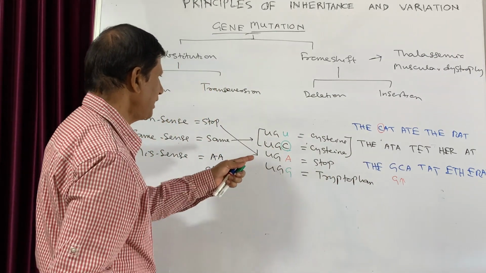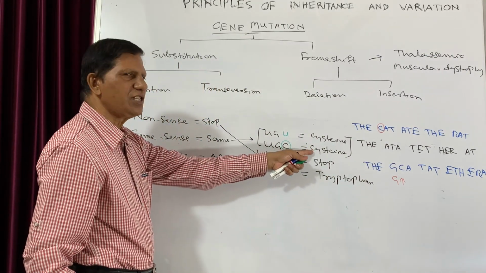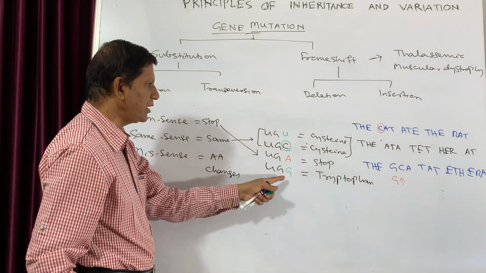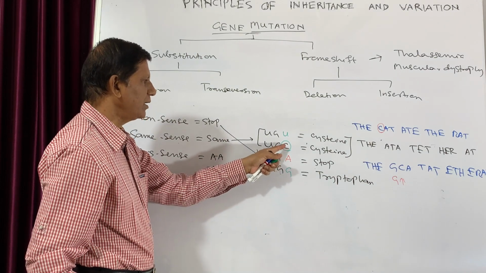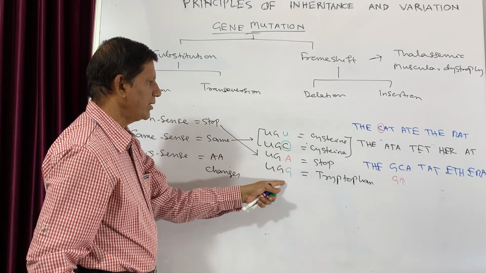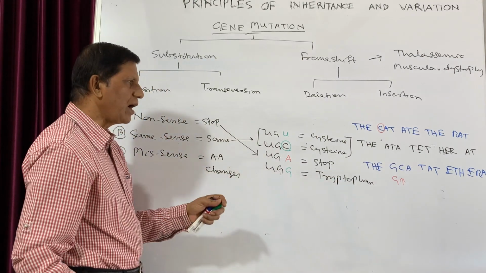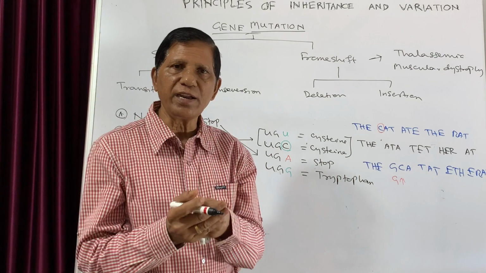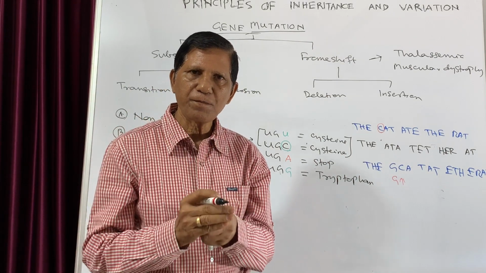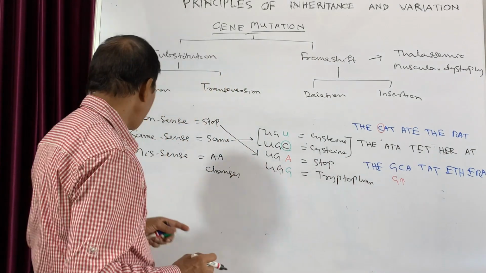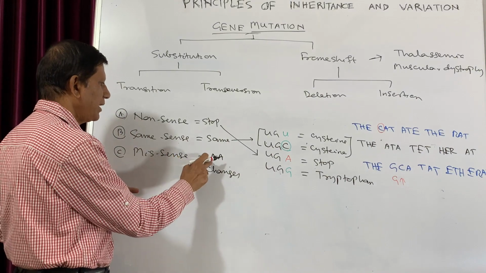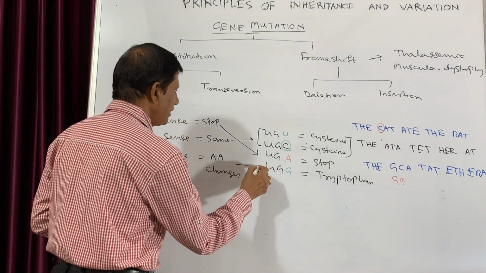So see, previously it was UGC, representing cysteine, but due to mutation in this sequence, now it becomes UGG, which is responsible for tryptophan. Now, instead of cysteine, it will bring tryptophan. That means this is known as missense mutation when the amino acid changes.